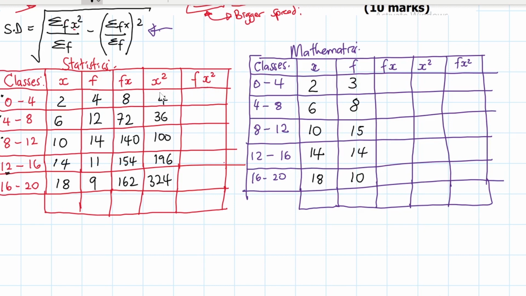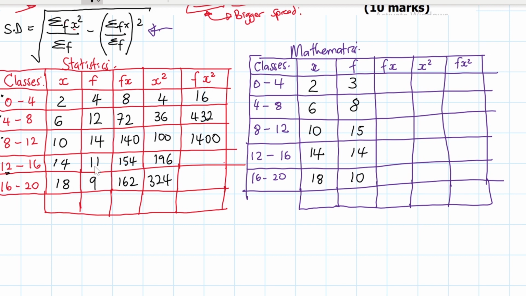So fx squared, we are getting our column of f and multiplying it by x squared. Here it's 4 times 4, which is 16. Then we have our f, which is 12 times 36, which is 432. Then f times x squared, 14 times 100, which is 1400.